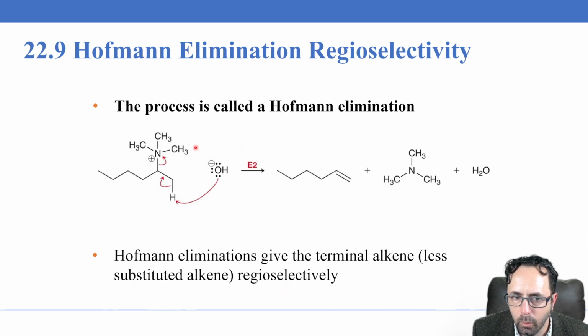So here, when we have the quaternary ammonium salt that we produce from the amine by reacting with excess methyl iodide, we can then have a strong base come in and pull a proton from the carbon here at the end, and this is the normal E2 mechanism, deprotonated on the carbon right next to the leaving group here.